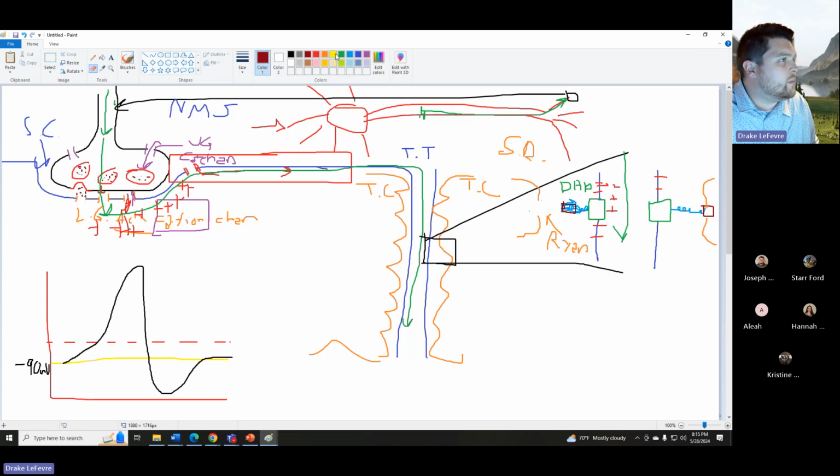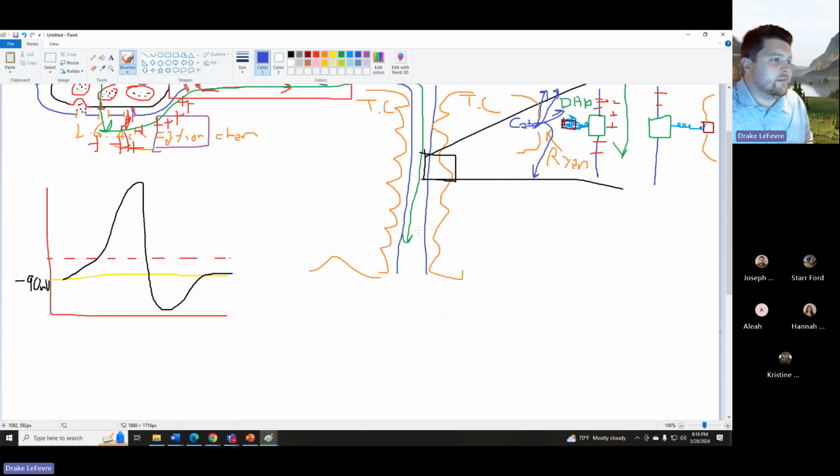When that new hole finally opens, a whole bunch of calcium that's stored inside gets to escape and go all over the place.